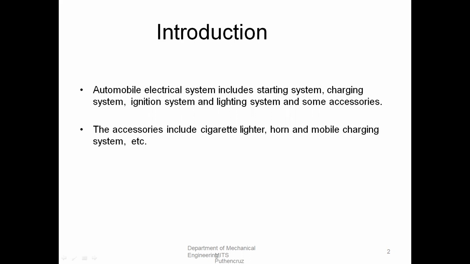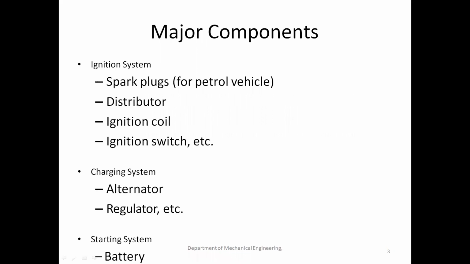These are all different electrical systems in the automobile vehicle. So how do we generate the electricity for those different accessories? The accessories include the cigarette lighter, horn, and the mobile charging system. So what are the major components in the automobile vehicles?